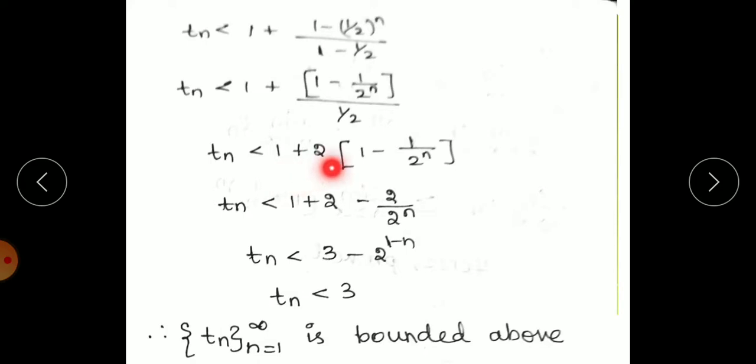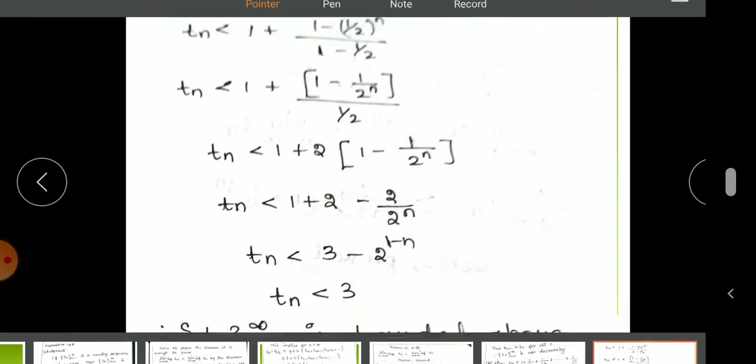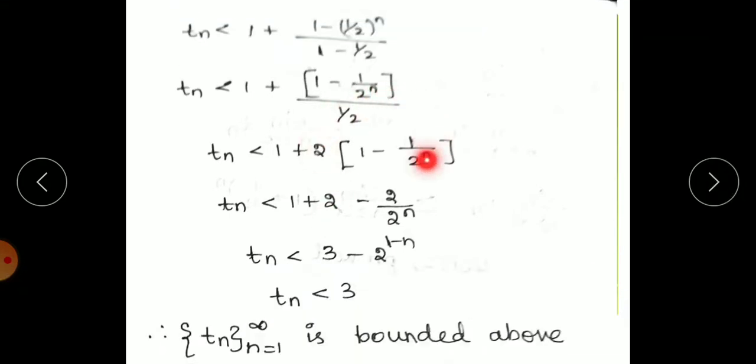Then 1 plus 2 into 1 minus 1 by 2 power n. Multiply 2 into both terms: 2 into 1 is 2, and 2 into 1 by 2 power n is 2 by 2 power n.